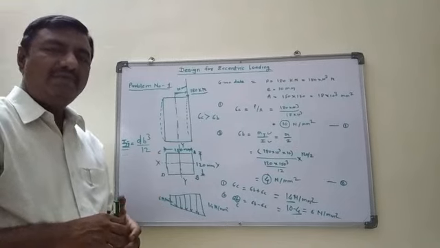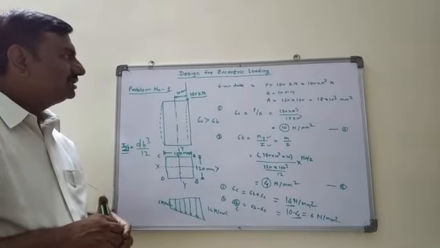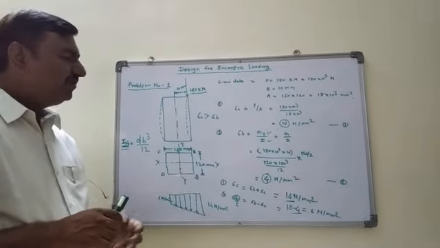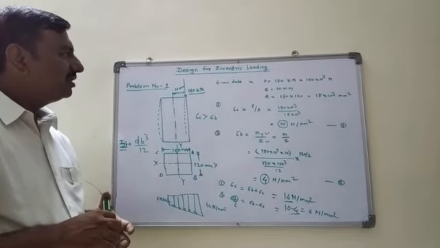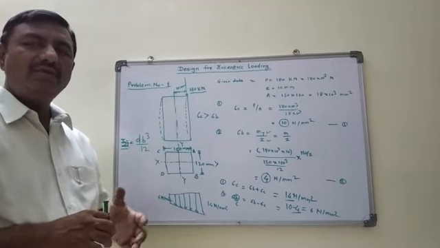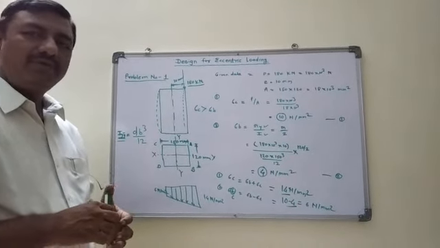One more problem remains from this design for eccentric loading. One problem is on the design of the C frame, and one problem is on the design of the circular section, that means a pipe.